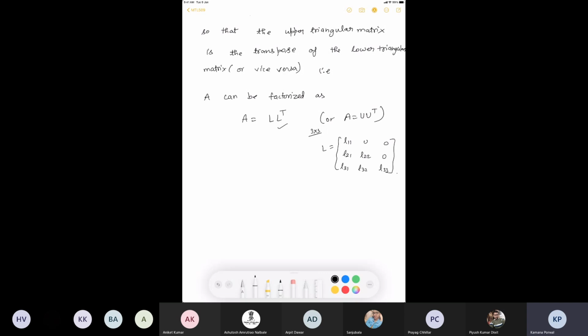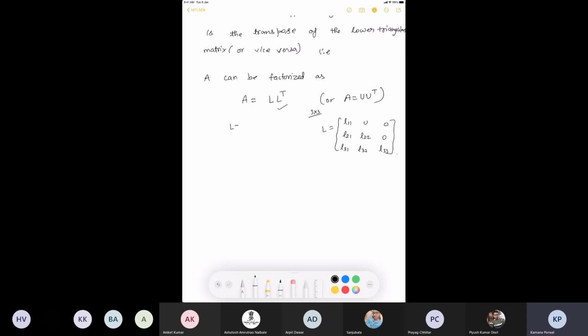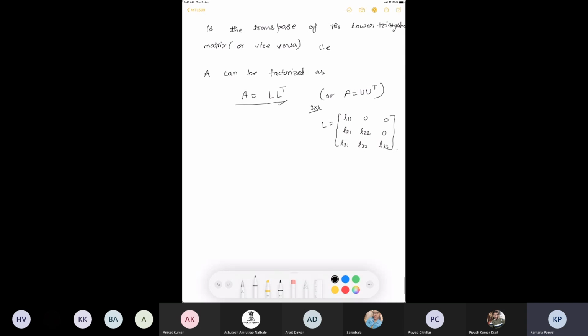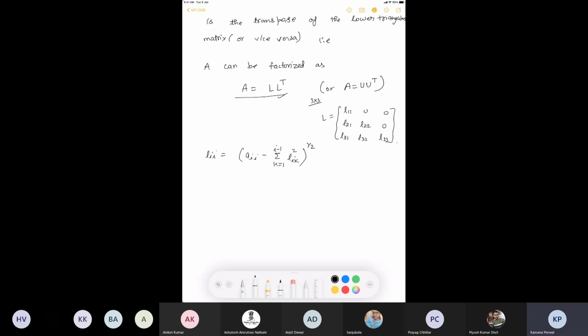So I can write down. Upon simplification, we will get the Lij's as, if I write down L, simply multiply and equate it to A, we are going to get Lii as the square root of Aii minus the summation k equals 1 to i minus 1 of Lik square.